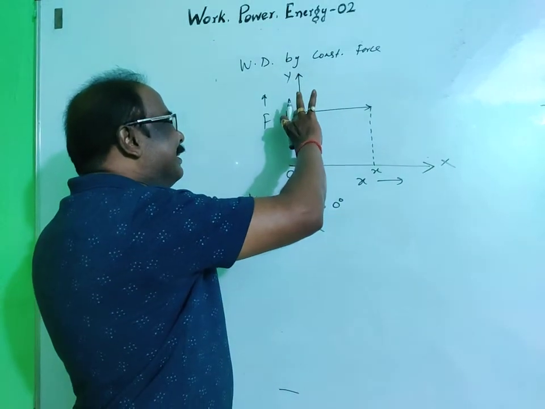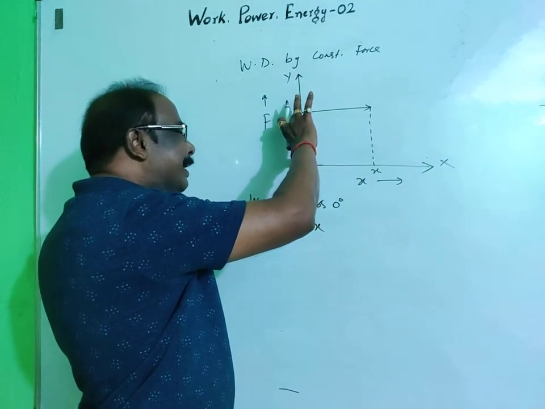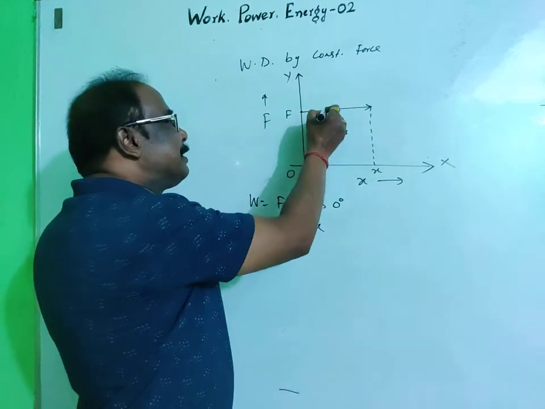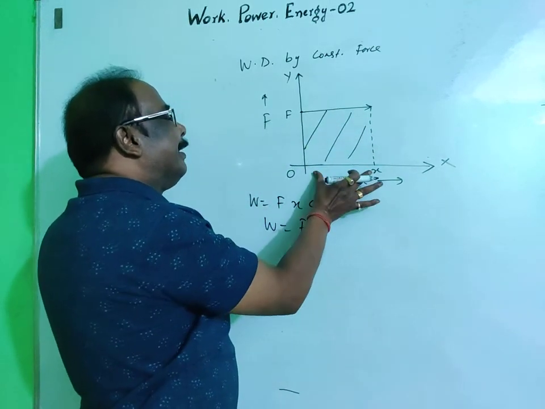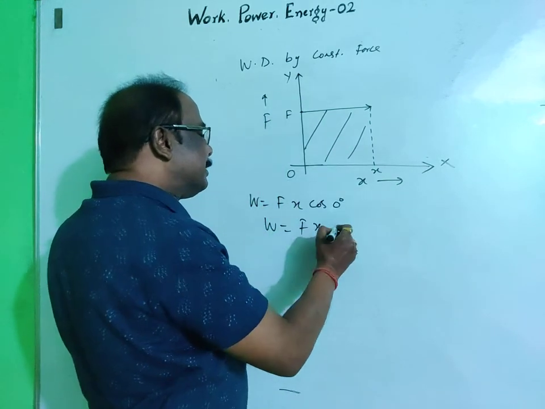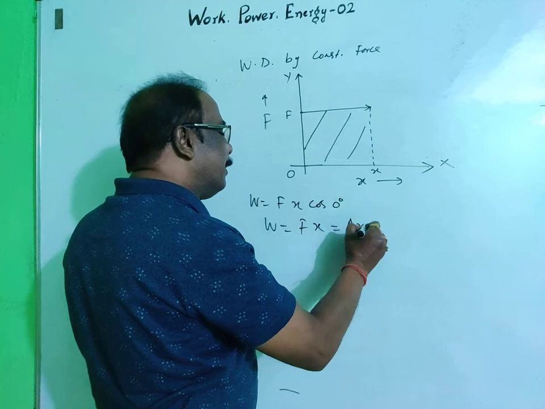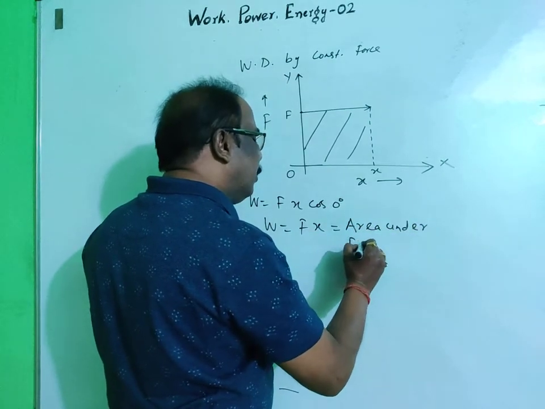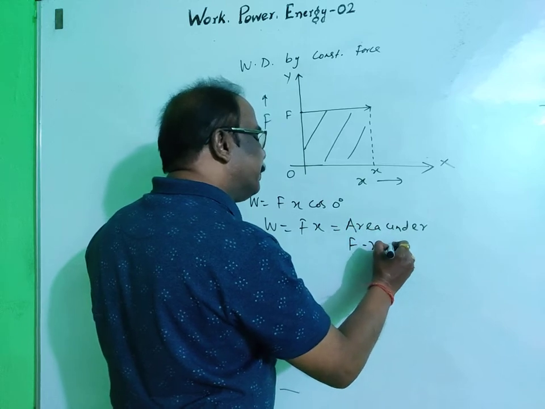See, this length represents the magnitude of force, this length represents the magnitude of displacement. So x is the length, AP is the breadth, meaning work can be calculated by calculating the area under the force and displacement graph.